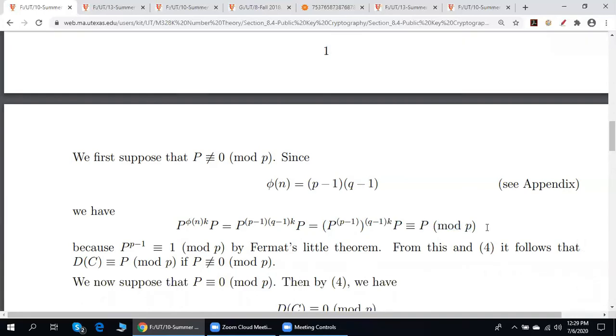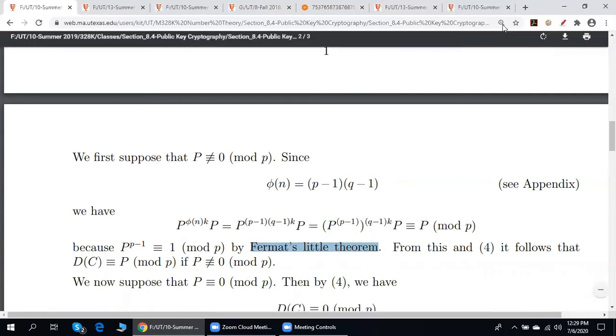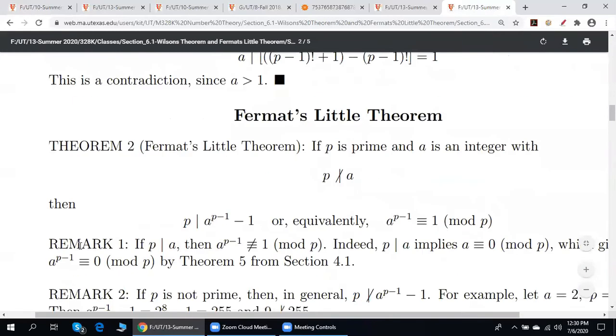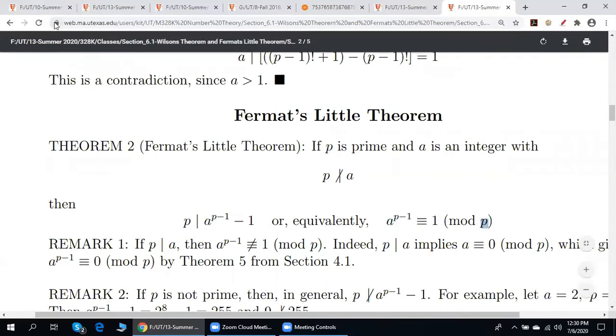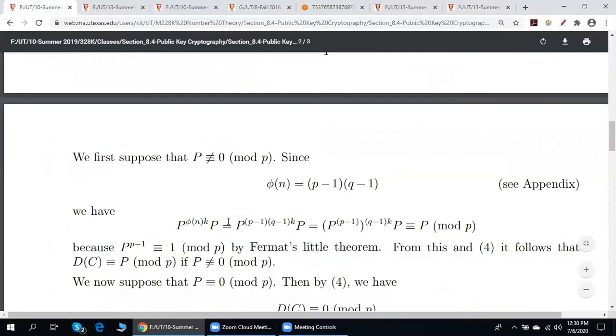Here is why. Let us go back to Fermat's little theorem. It's over here. Fermat's little theorem says that if a is not divisible by p, note that this is exactly the case. This is not divisible by this according to what is written here.